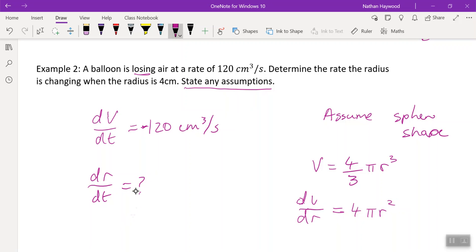And now we have enough information, hopefully. If we have this one, so dt is on the bottom. We want to get rid of the dv, so we're going to have to flip this one. And then those two cancel out and you're left with just dr dt.